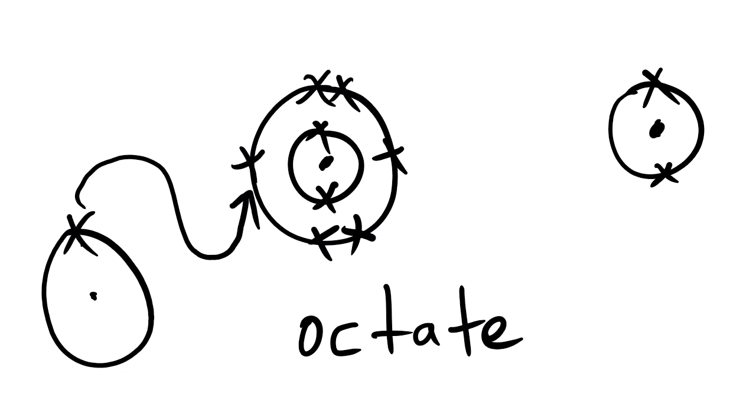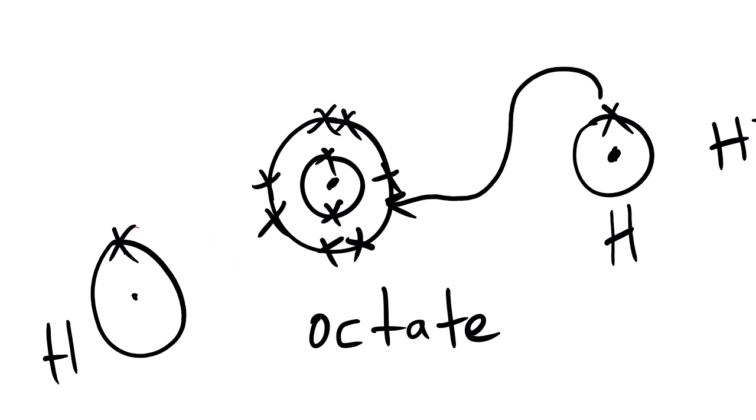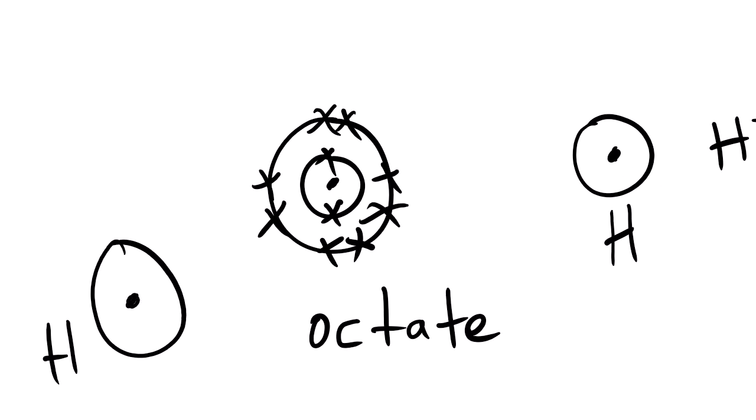This electron can be transferred to oxygen, so that oxygen will become 7 here, and another hydrogen atom will give its electron to this part. Let me put the electrons here, and let me erase this one from here. So in this process you have only a proton here with no electrons.